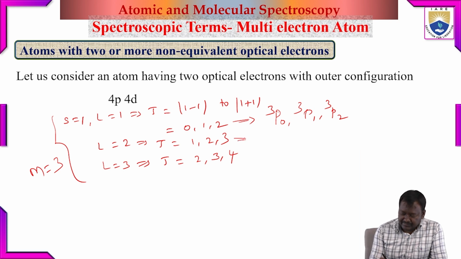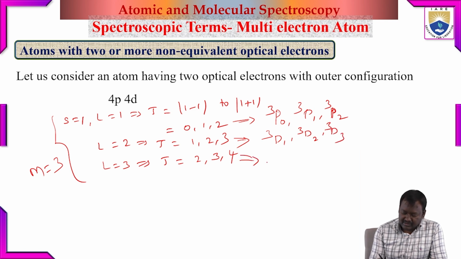And here, for multiplicity 3, L is 2 means D, 3D, J values are 1, 2, 3, that means 3D1, 3D2, 3D3.